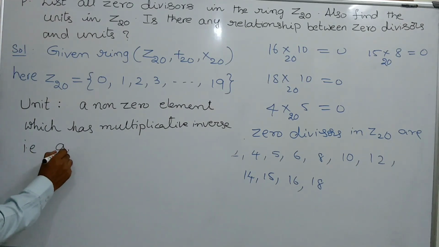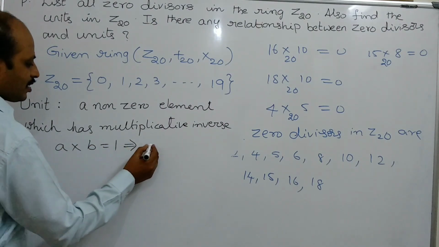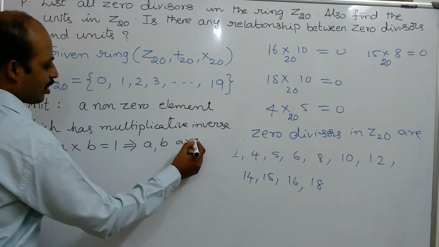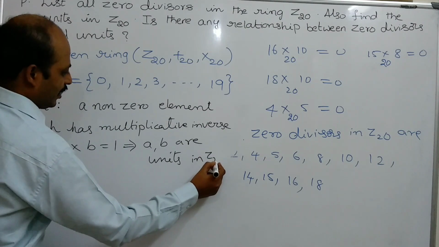That is, A into B is equal to 1 implies A, B are units in Z20.